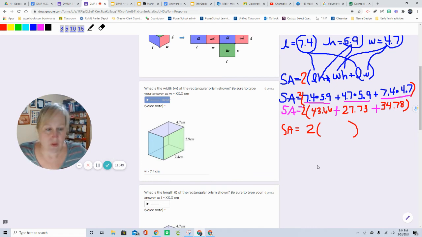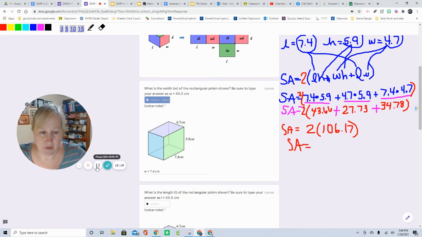All right, the answer that my calculator said was 106 and 17/100. The last step that we have to do is multiply the 2 times the 106 and 17/100. And I will write that answer on the next step. I want you guys to try it and come back and check your answer.